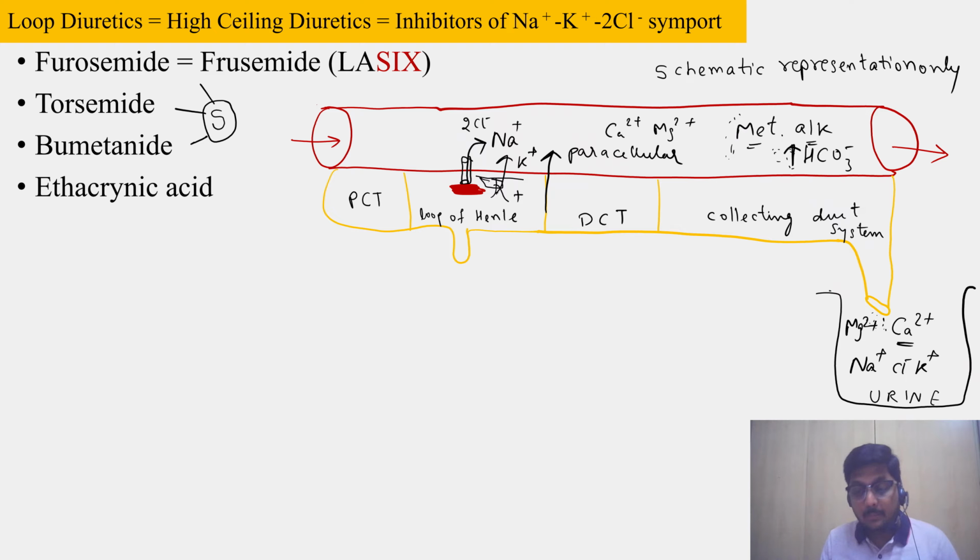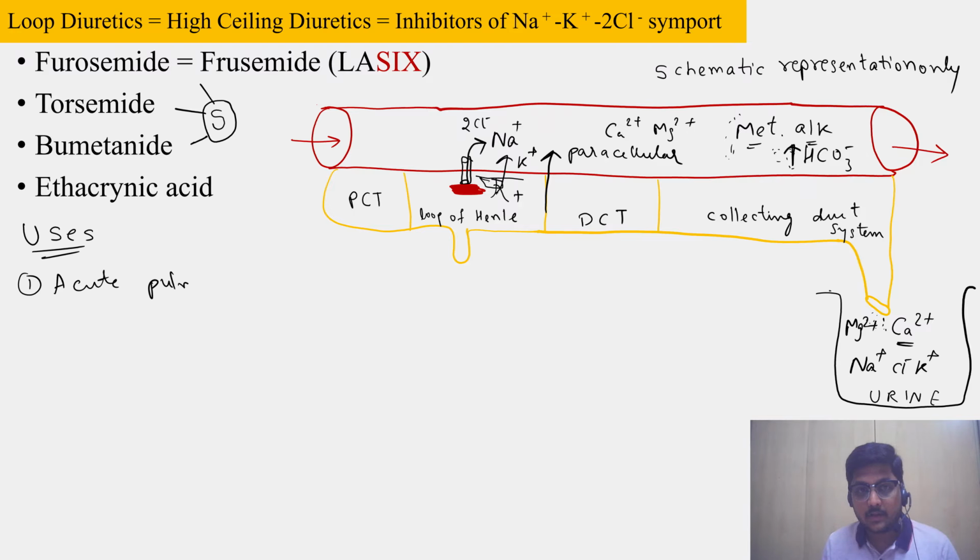Well, coming to the uses of loop diuretics, when should I use loop diuretics? Actually, there are many uses. To make it short, we are discussing only 9 of the uses which we see routinely in hospitals. The very first thing to remember is loop diuretics are recommended in any situation where we want quick or vigorous diuresis, like acute pulmonary edema.